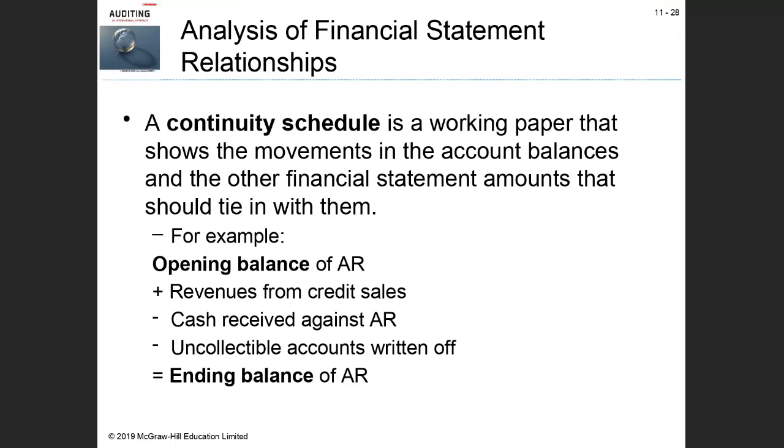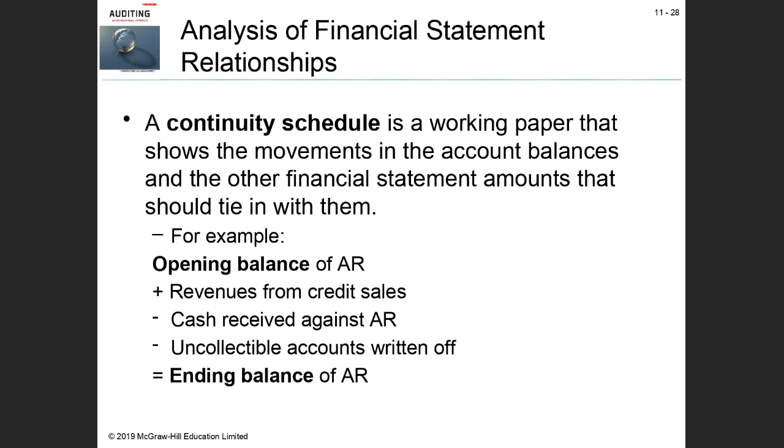So you could do an analytical review to see how the accounts receivable balance changed during a month, during a quarter, during a year. You could compare multiple years together as part of your analysis to see the trend in accounts receivable, and that could potentially point out errors that have occurred in the accounting records through a comparison simply by looking at a continuity schedule.